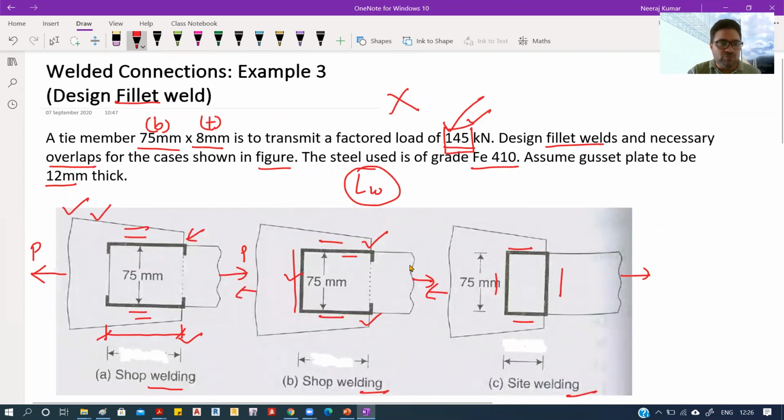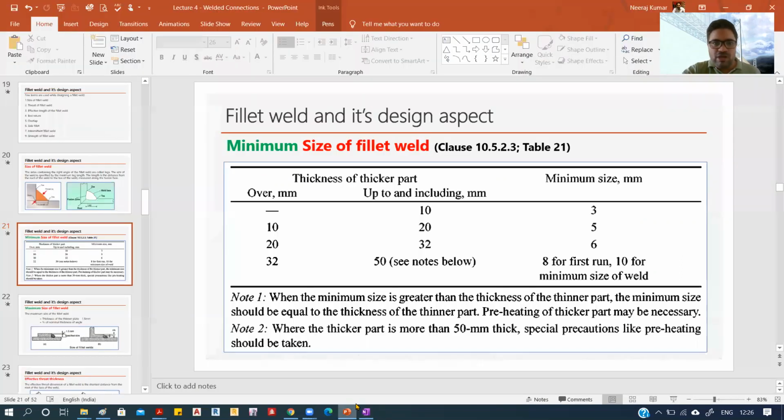Thickness of gusset plate is 12 mm and thickness of tie member is 8 mm. So the thicker part is 12. Now it says if the thickness of thicker part is over 10 and less than or including 20. Our thickness is 12 mm. It lies between 10 and 20. So for this, minimum size of weld will be 5.